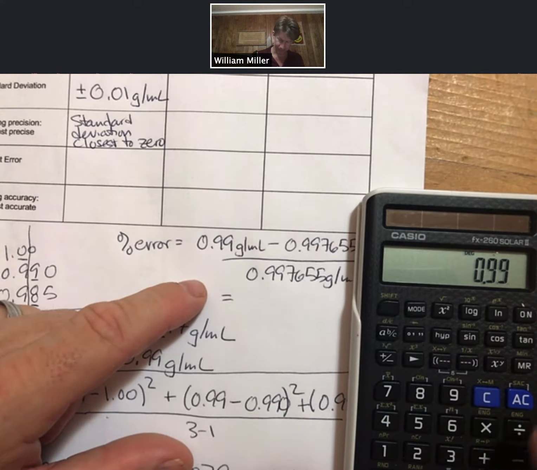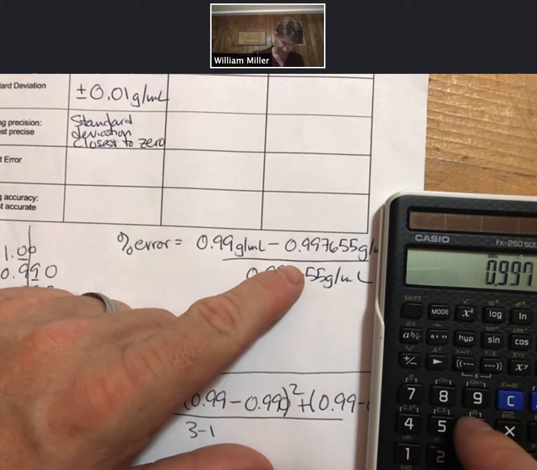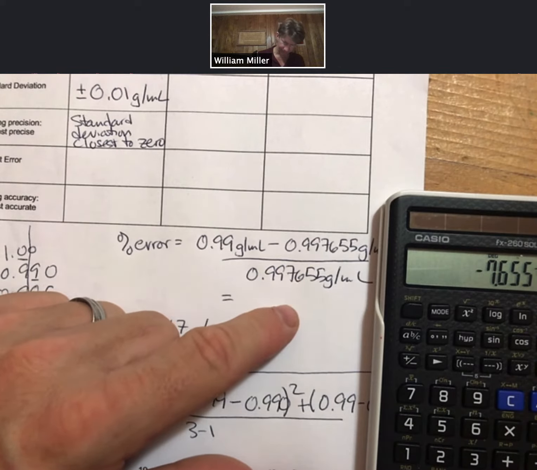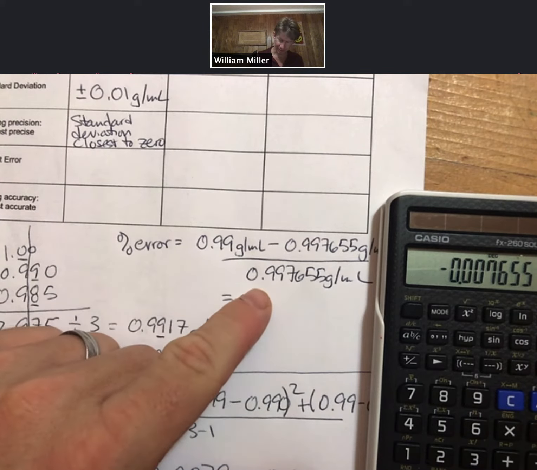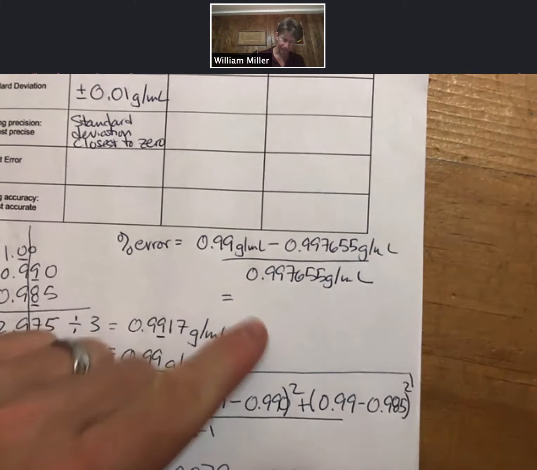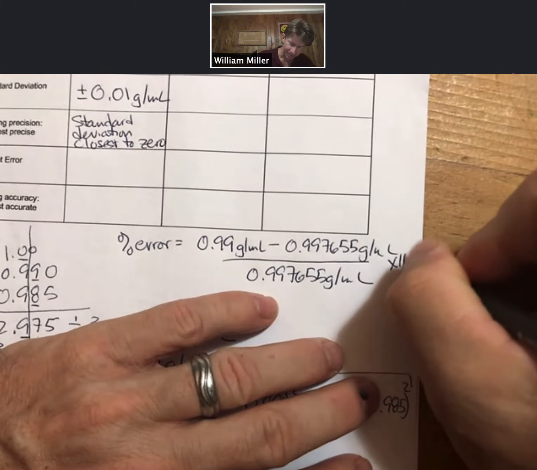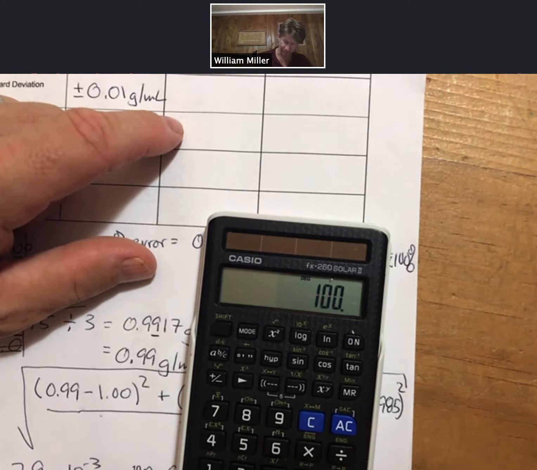0.99 minus 0.997655, and I'm going to shift my calculator into regular numbers, divided by 0.997655. And I always forget this part, times 100%, that's what it says, numerically times 100.